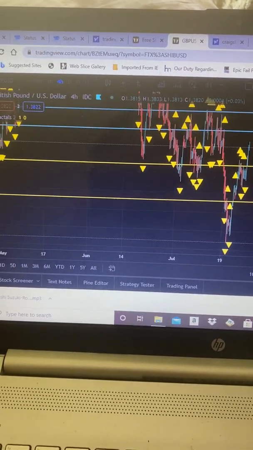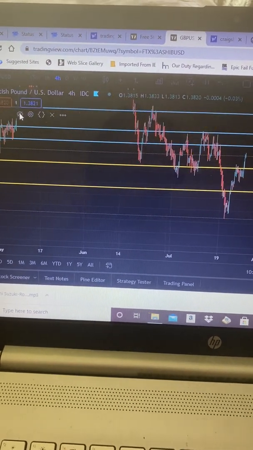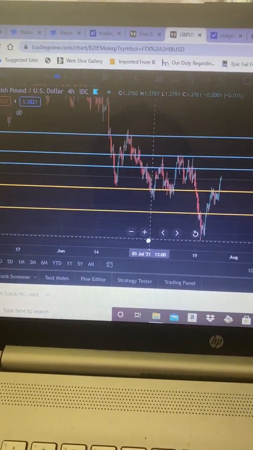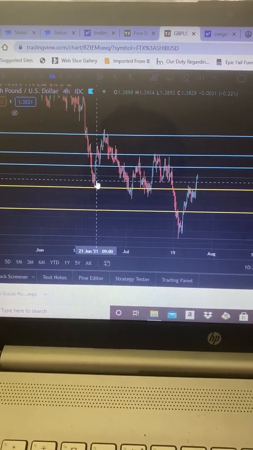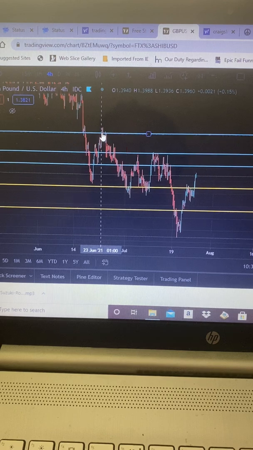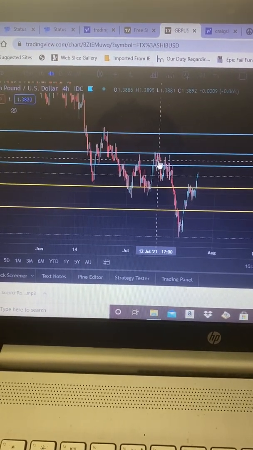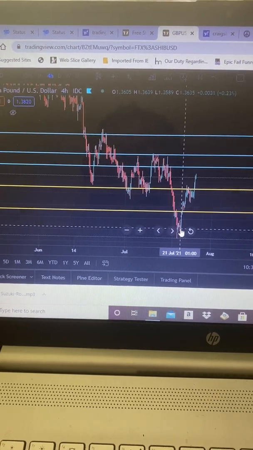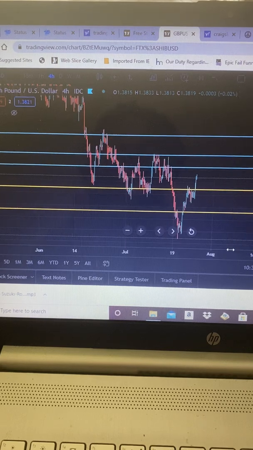I want to show you the whole idea. I'm gonna take the fractals off for a second. Remember, the market moves in what, 3 different areas. So it broke, then came up, made a lower low, then came back, then made another lower low, then came down.